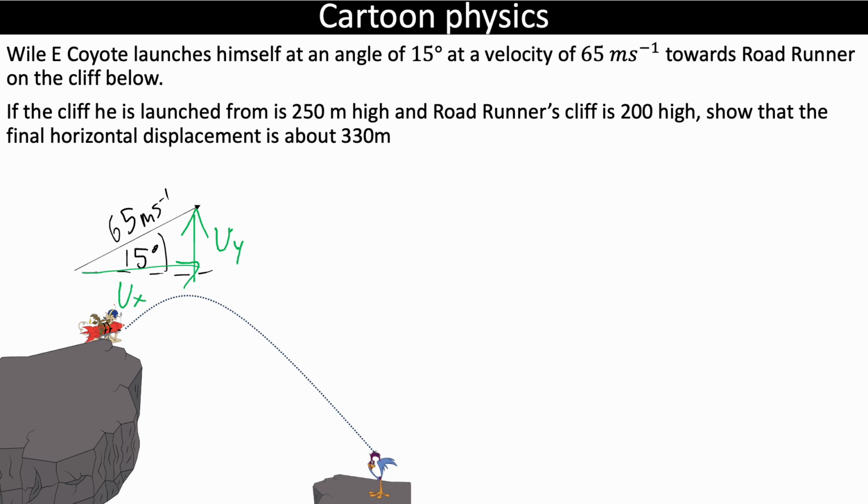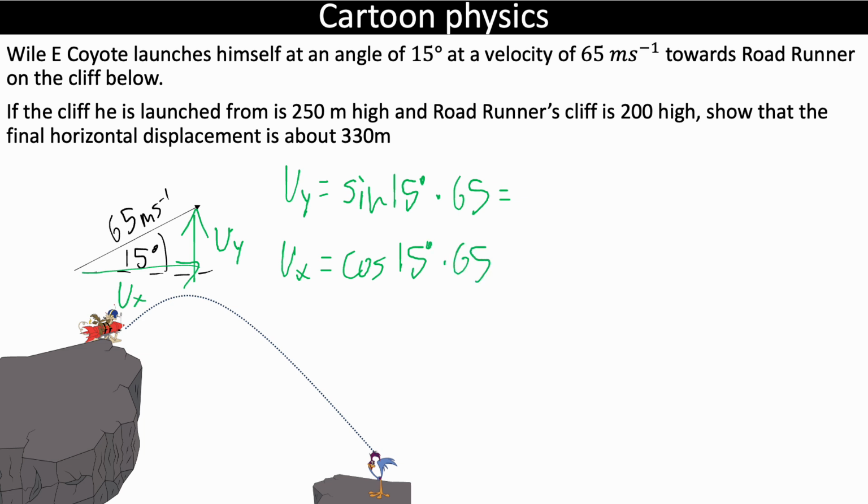It's going to involve a little bit of trigonometry. So uy will be equal to sine 15 multiplied by 65, whereas ux will be cos 15 degrees multiplied by 65.